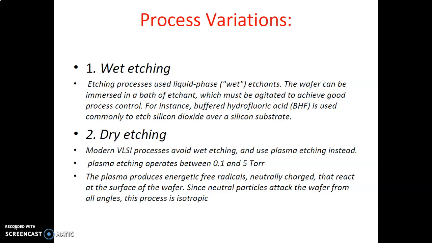Wet etching processes use a liquid-phase etchant. The wafer can be immersed in a bath of the etchant, which must be agitated to achieve good process control. For instance, buffered hydrofluoric acid is commonly used to etch silicon dioxide over a silicon substrate. It is a very simple process.